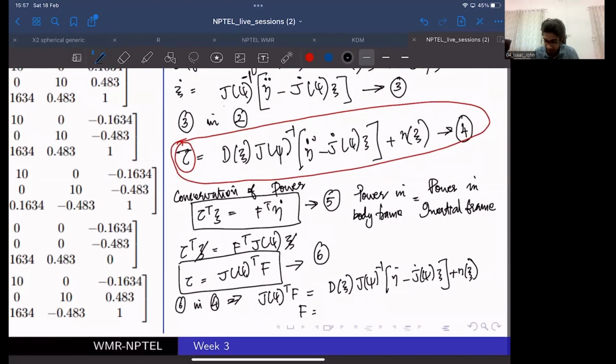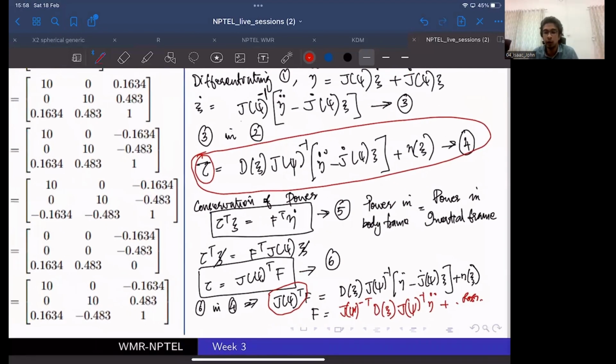And F is simply, if we take this J of psi transpose to the right-hand side, how would your F matrix look like? F would be J of psi inverse transpose D of zeta J of psi inverse eta double dot plus some other terms, and so on.